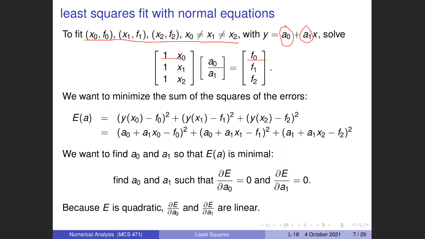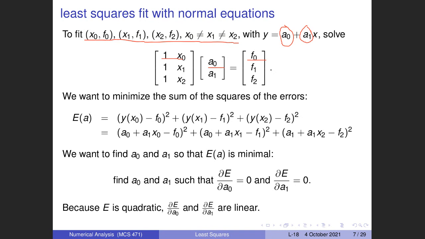And we want to define A0 and A1 so that our objective, the sum of the squares of the errors, is minimized. We see this objective as a function of A. There are a lot of letters here on this slide, but the X0, the F0, the X1, the F1, the X2, and the F2, they're all given numbers.